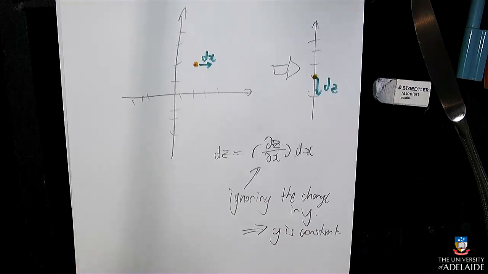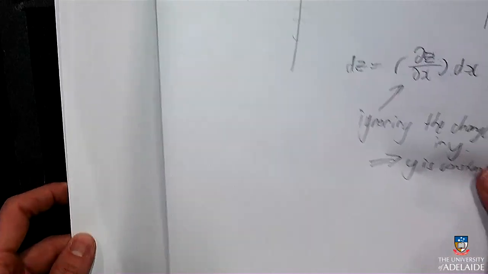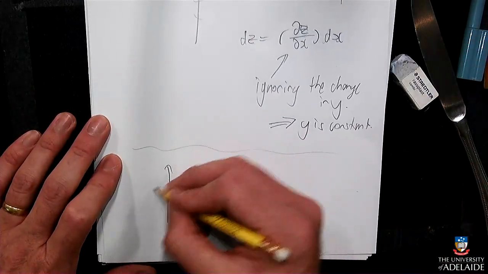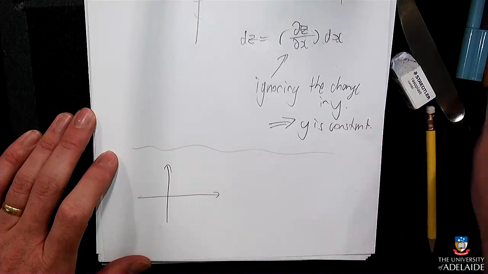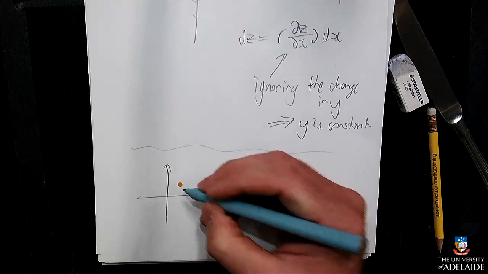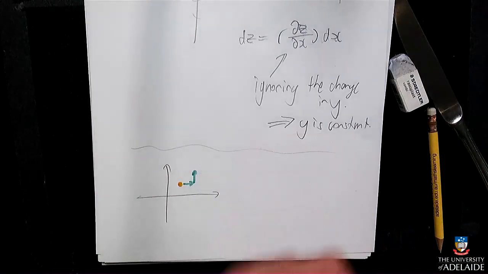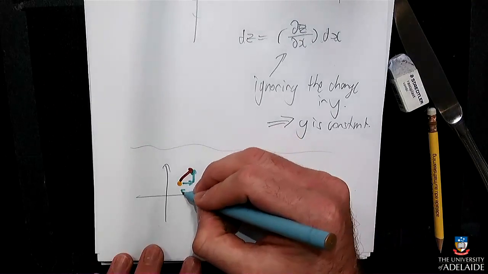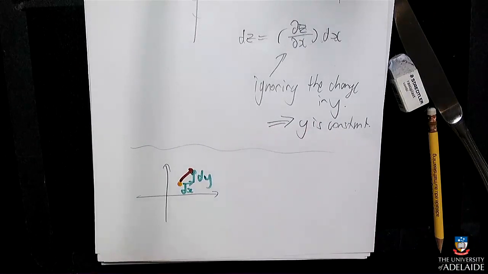And I could just as easily do that in the y direction. And it turns out, yeah, I can fit it on this page. So if I moved directly across diagonally, I could imagine that being made of a dx and a dy.